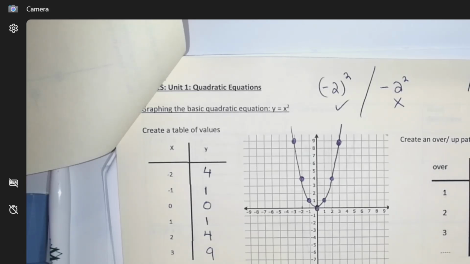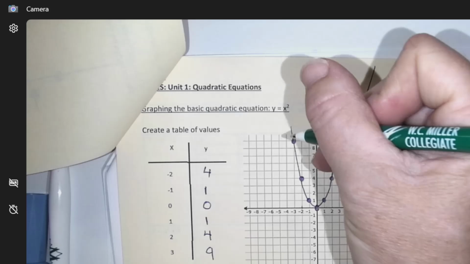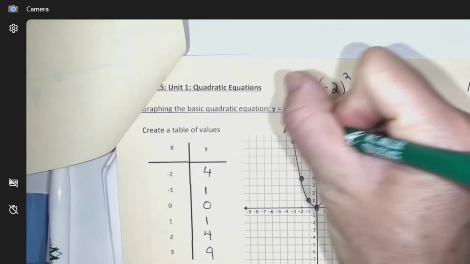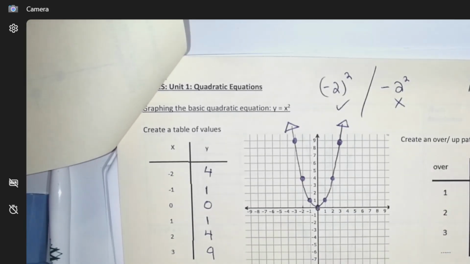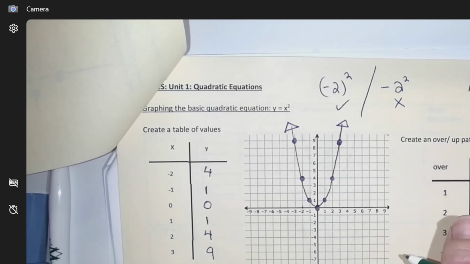And can anybody tell me what I might need to add on my graph, according to what you know about graphs? There's something I'm missing. I'm missing arrows. Why would I need arrows? Because I'm showing you I can keep going if I wanted to.